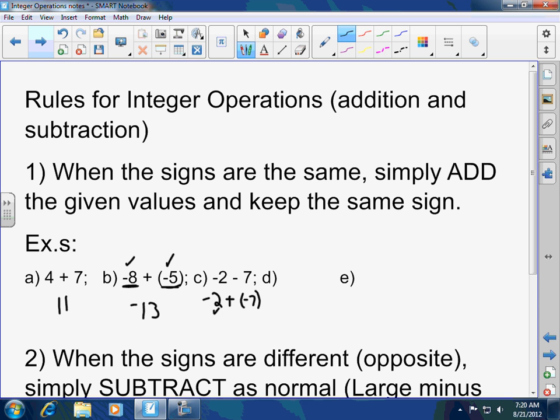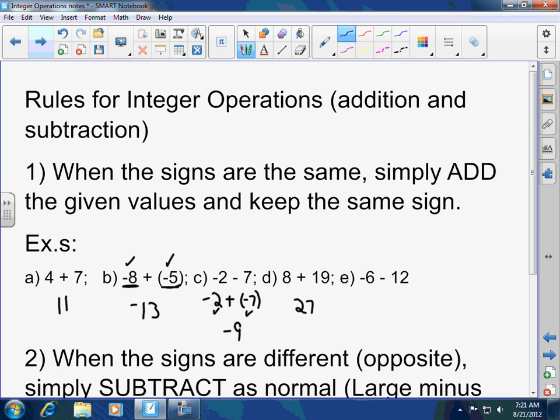The signs are the same, so you simply add and keep the sign, so that's -9. 8 plus 19. +8 plus +19. The signs are the same, so you add and keep the same sign. That'd be +27.